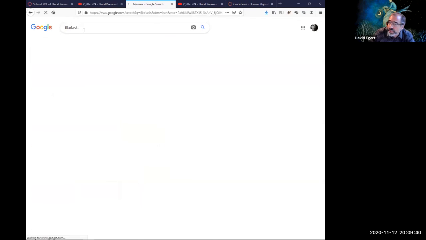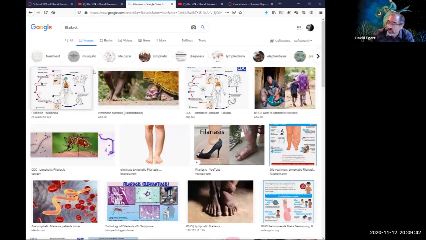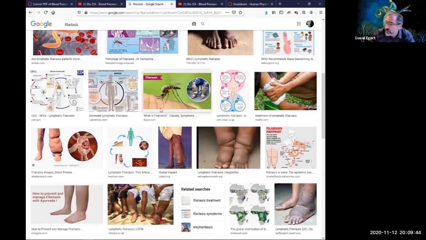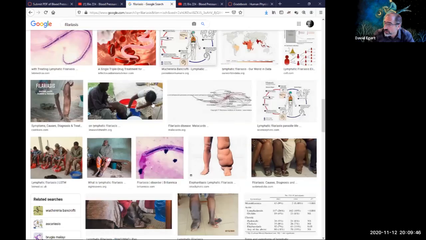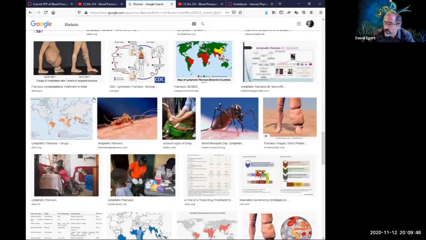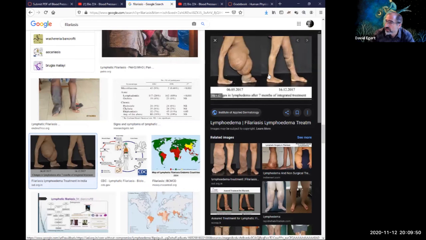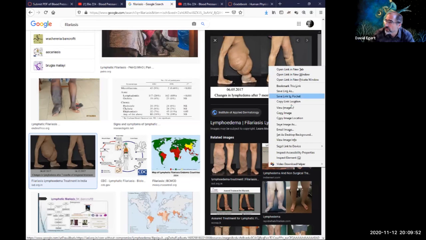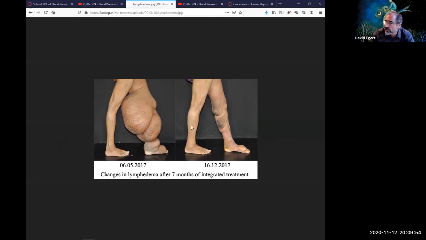This is the official name of the disease. It's this little worm that gets in there, and you can see it can get super intense. If the fluid is not draining out of the interstitial space, you can get horrible disfigurement like this.